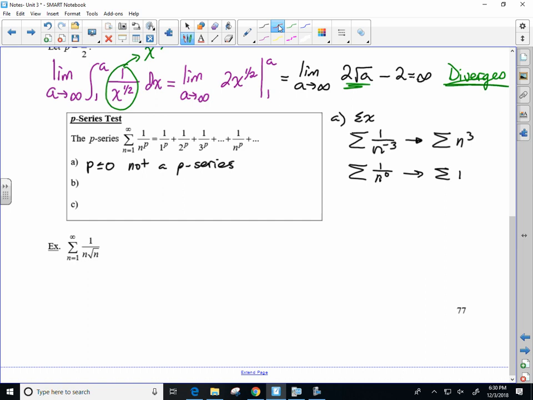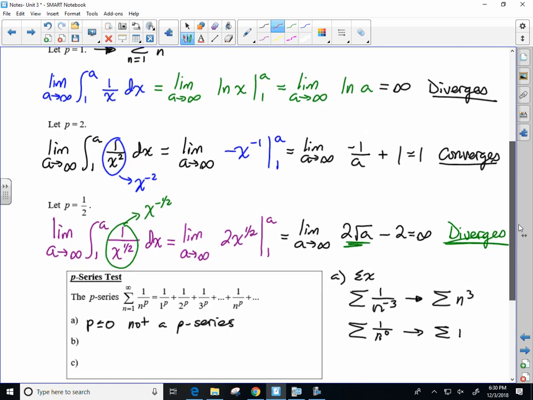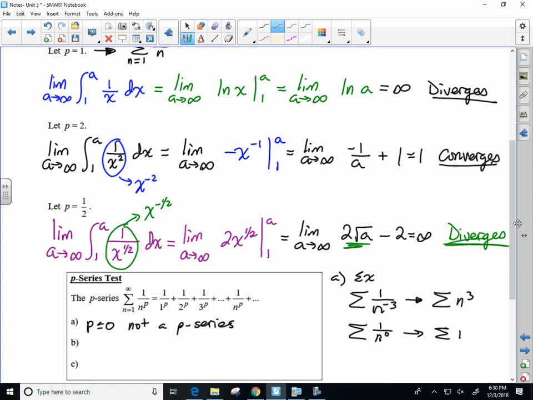So then our possibilities are really narrowing themselves down to, if you look at the examples, cases where it's 1 or more, and cases where it's less than 1. In the case of 1, we have a divergent situation. In the case of 1/2, we have a divergent situation. If we had a 3/4 or a 3/8, you would have a divergent situation.